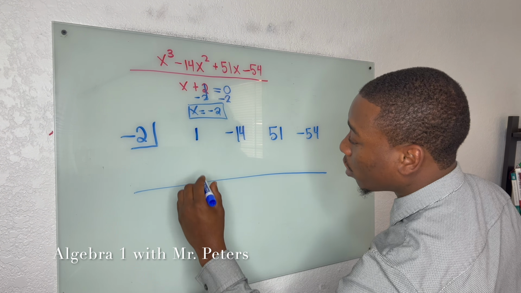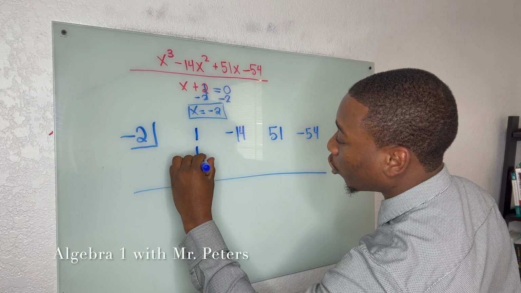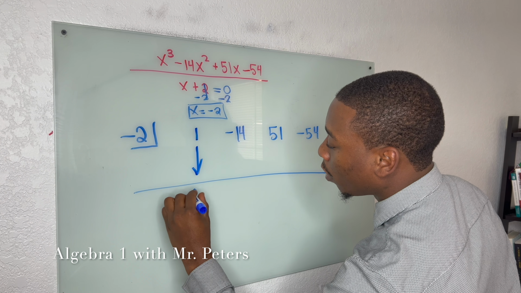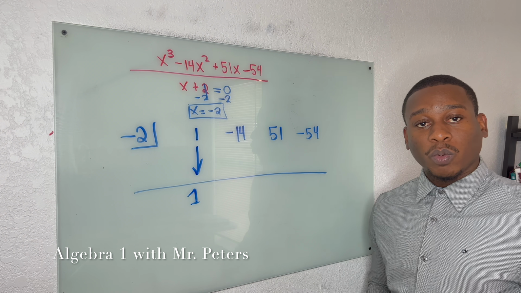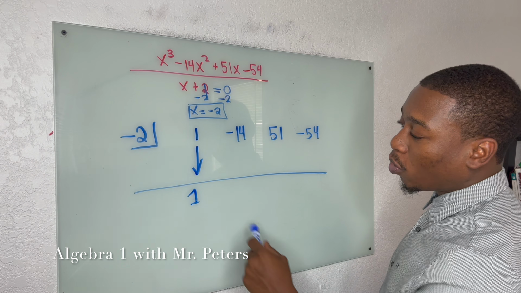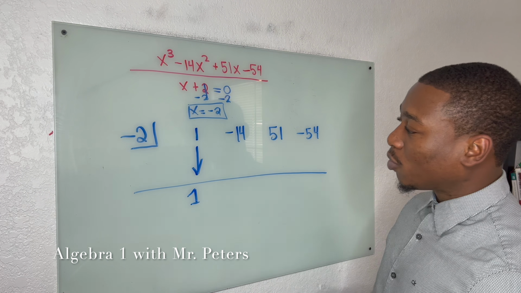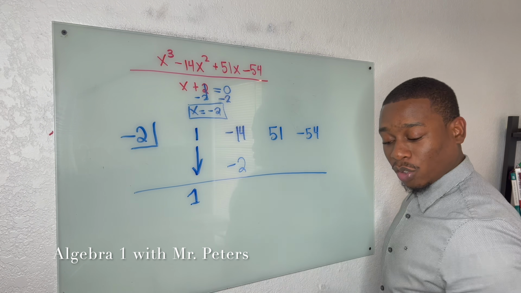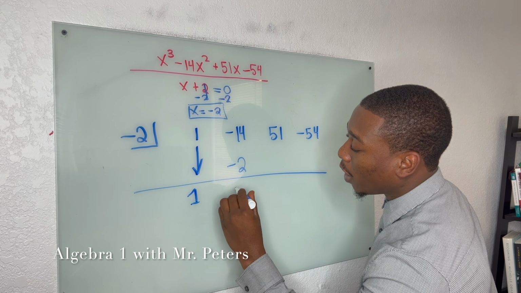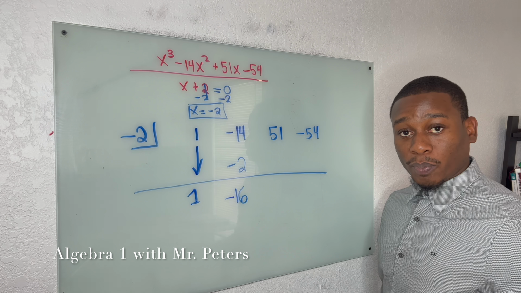So the way that we start this off, we're going to bring our first term down. All right, and then from here, we're going to repeat a lot of steps. So this is what we do. We're going to take our factor and multiply it. Negative 2 times 1. This is negative 2. Then I'm going to add these two answers together. Negative 16. Then I'm going to repeat.